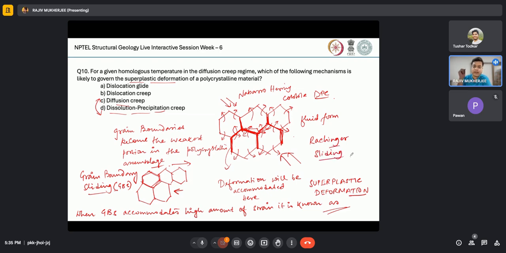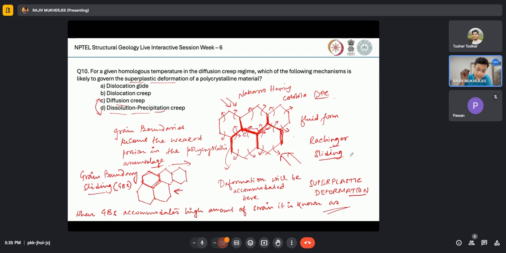You can learn more about Rachinger sliding, grain boundary sliding mechanisms, and how Nabarro-Herring and Coble creeps are related to these mechanisms, and how superplastic deformation is also observed in earth materials such as quartz and olivine. This is an exciting discovery that superplastic deformation does indeed occur in geological materials. That's why we see a huge amount of strain in crustal shear zones or even mantle convection.